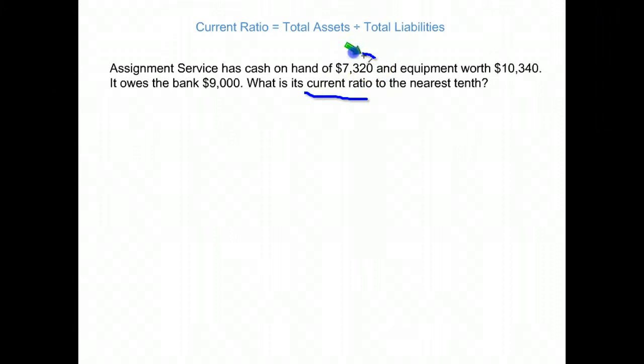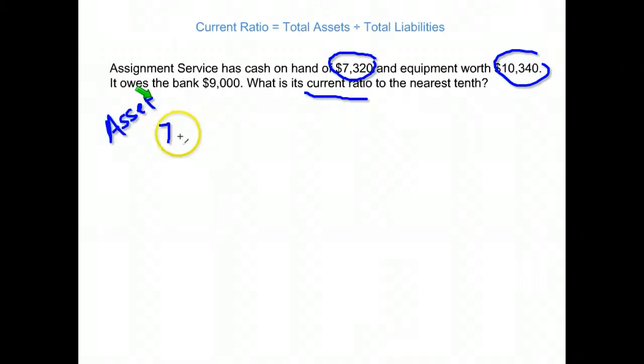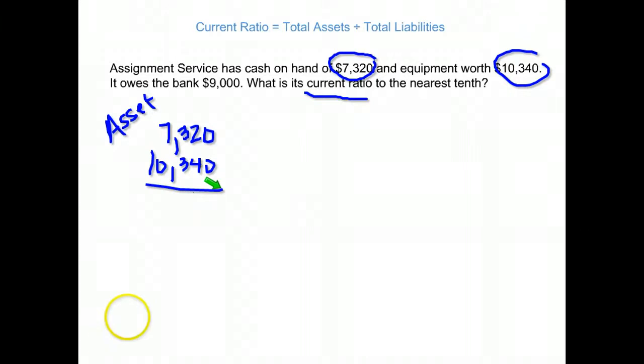So we need to go ahead and total the assets because they gave it to us in 2 different chunks, in our cash on hand and in our equipment. So again, what we're doing here is going to total our assets. So we're going to add 7,320 to 10,340. When we do, we get $17,660.